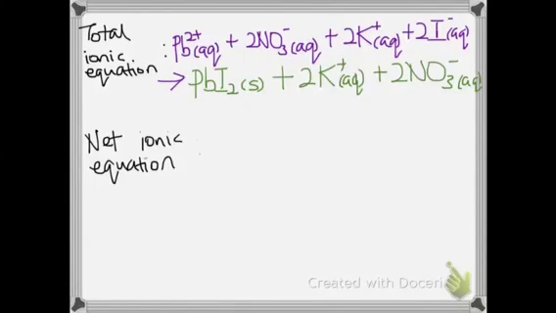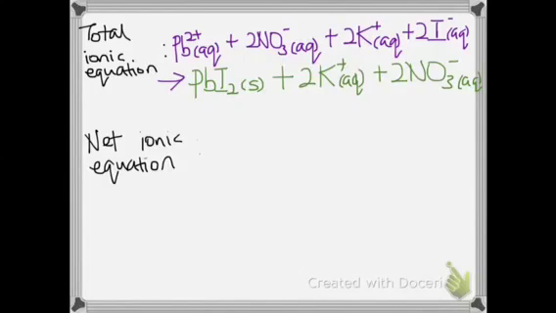Now, how do we identify spectator ions? Now, let's take a look at the total ionic equation again. Now, let's look at the reactants highlighted in purple and compare it to the products highlighted in green. Now, let's look at each ion in the reactants one by one, and we will see whether it appears in the products or not.